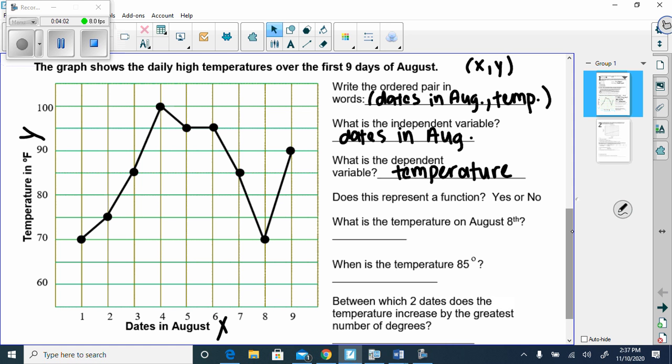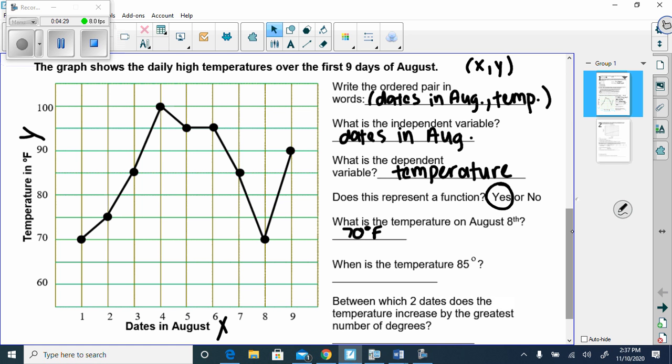Okay, then it says, does this represent a function, yes or no? Yes, we can do our vertical line test, right? Going across here, there's never anywhere it's going to touch twice. Good job. Okay, so what is the temperature on August 8th? 70 degrees. So 70 degrees Fahrenheit.